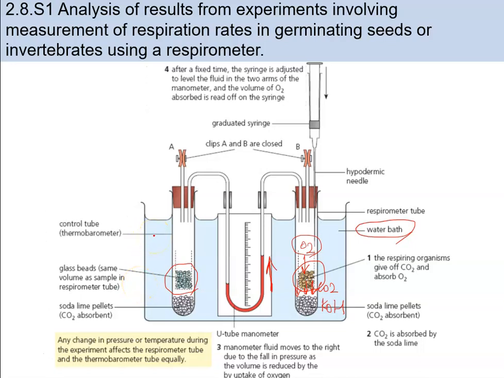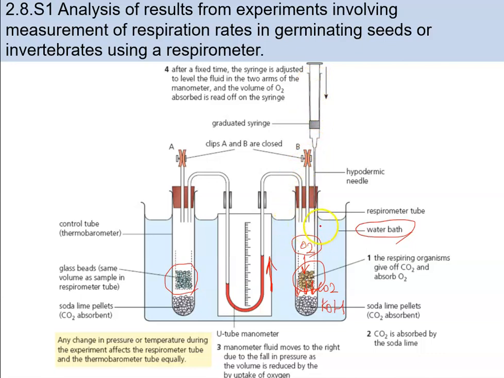After a fixed time, a syringe is adjusted to level the fluid in the two arms of the manometer, and the volume of oxygen absorbed is read off on the syringe. The amount of oxygen that has been used up by the organism can be read by this syringe.